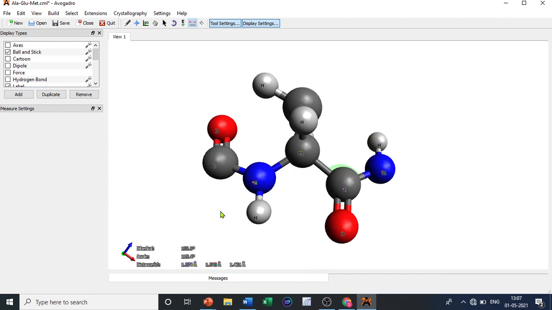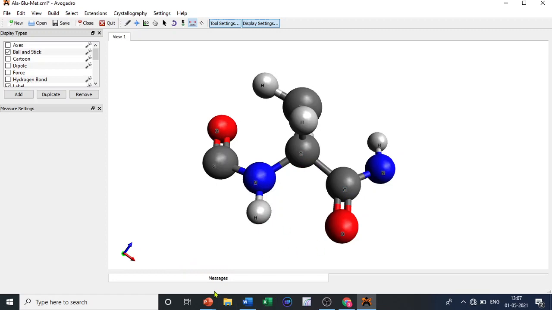So let's get there. Let's decrease this slightly. This is already at 158 degrees, so it is within that region already. Let's check this other angle. How do I do it?